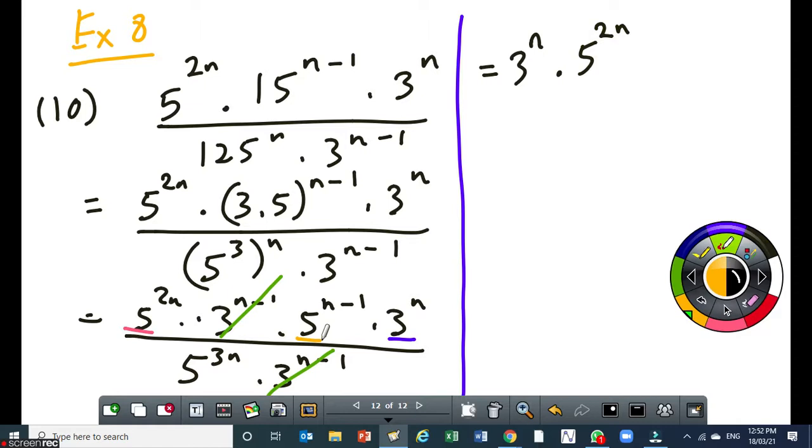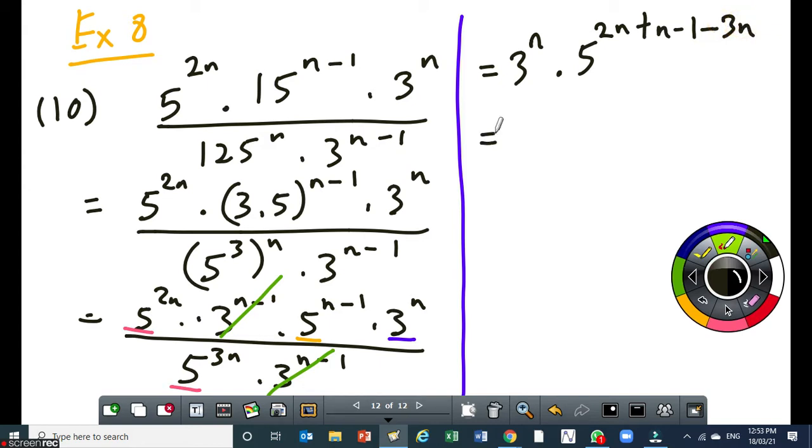Right? So I'm going to add the exponent, which is n minus 1. So that will be plus n minus 1. Then, in my denominator, I've got this base, which is part of the denominator. So I have to subtract exponents, so that will be minus 3n.